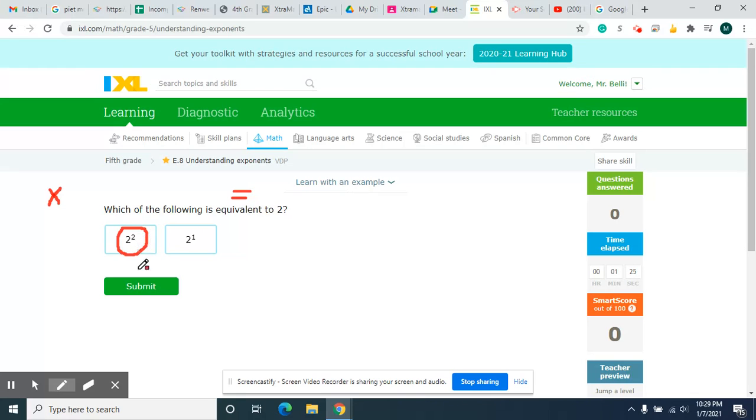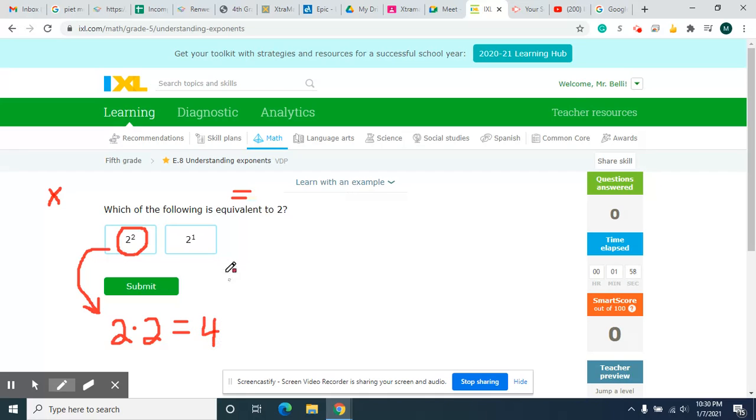Well, this one means, I'm just going to draw an arrow down here. This one means you have 2 times itself twice. So 2 times, remember we can write multiplication by using a dot, 2. Okay, and that equals 4.